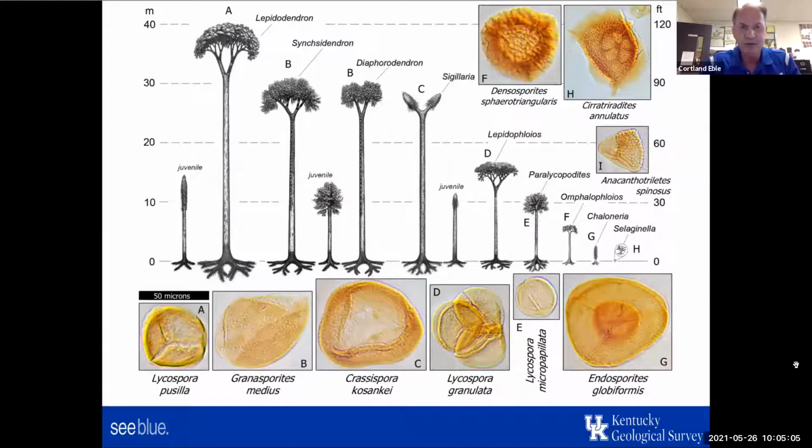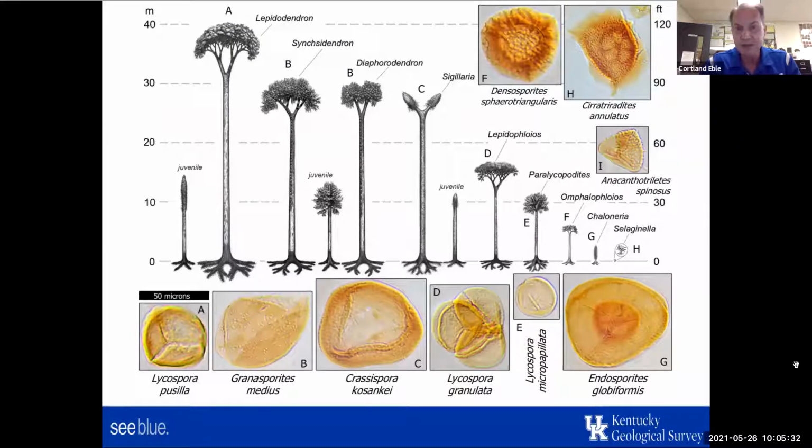Over on the far left, you have Lepidodendron. And I've matched it up with the spore species, genus and species, that we recognize it from in the Palynoflora. So Lepidodendron produced Lycospora pusilla spores. Two forms, Synchysodendron and Diaphorodendron, produced Granasporites medius.